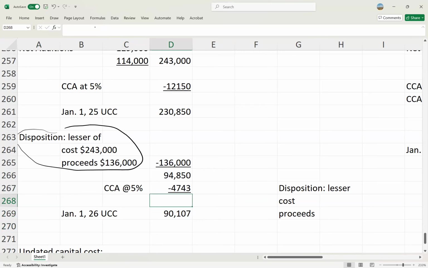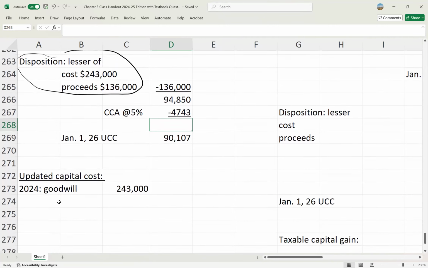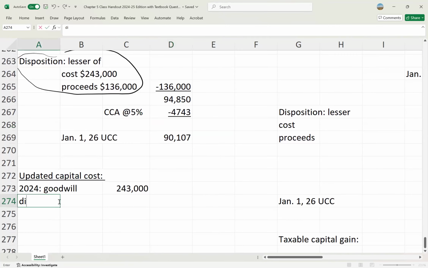goodwill, what you're going to use as the cost is the cost of all the goodwill that has been added to this account, which was 243, and then the proceeds that you got was 136. And so the lesser of the two is the 136. Now, we've got to track the updated cost of the goodwill, because we did dispose of some goodwill. We subtracted 136 from this class 14.1.